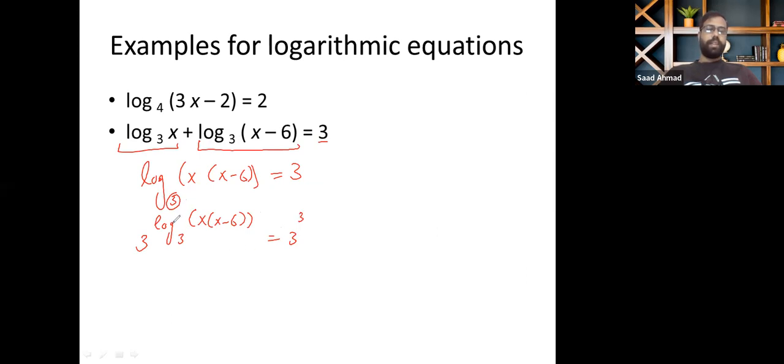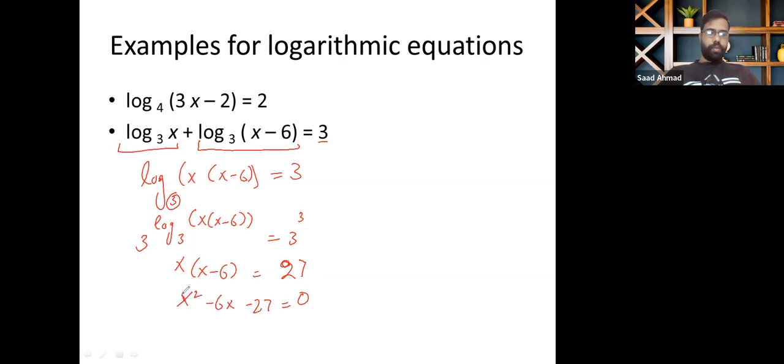Then this one will cancel out, so it will give us x, and 3 to the power 3 is 27. So it will be x squared minus 6x, and when I move this, it will become 27 on this side.